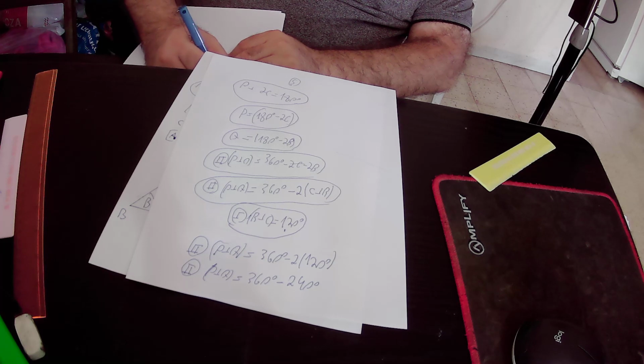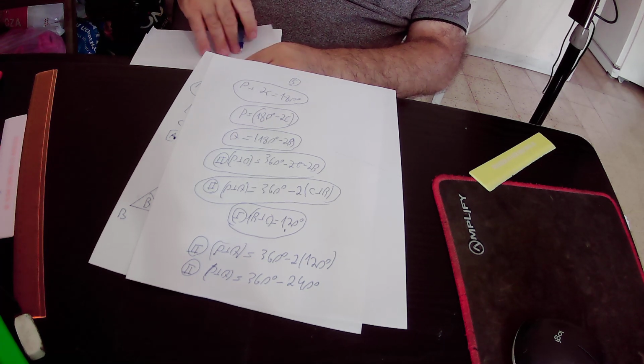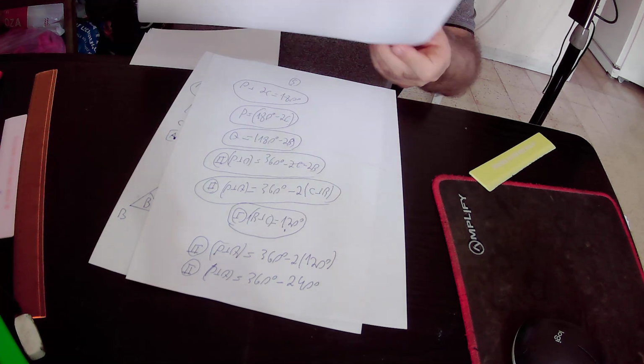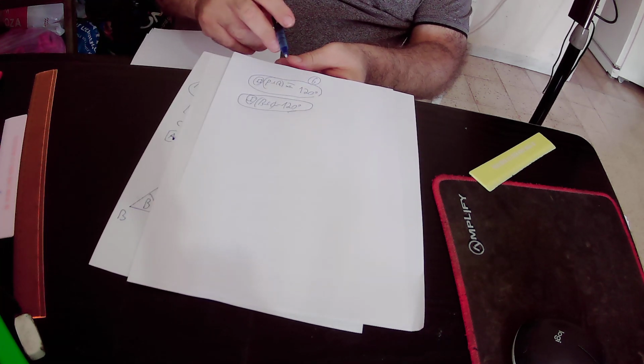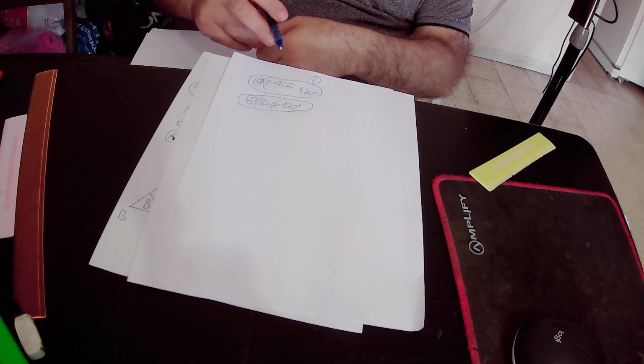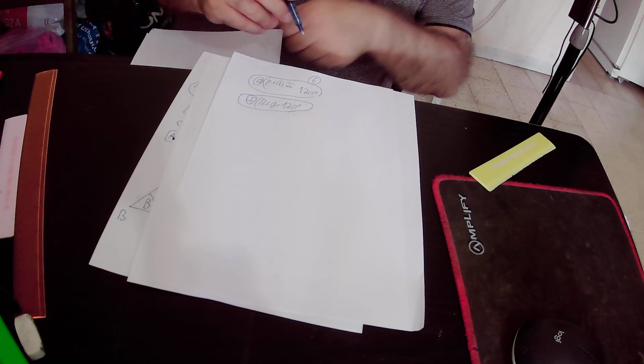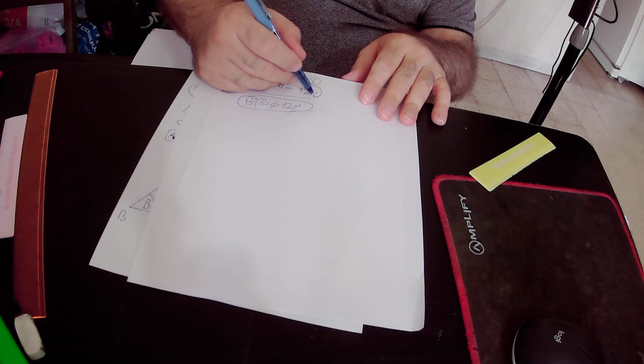So actually we have two equations, that B plus C equals 120 degrees and P plus Q also equals 120 degrees.